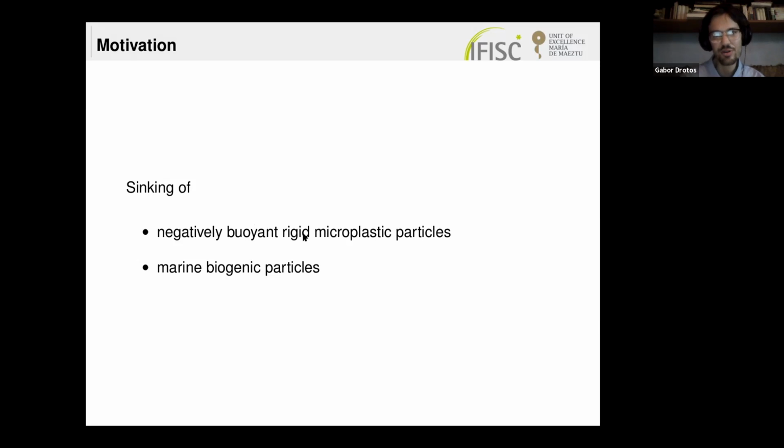But our modeling framework also applies to marine biogenic particles, and we believe that our results, even though not quantitatively perfect for a true realistic estimation, will give insight to many phenomena that are qualitatively very much relevant for the real world.